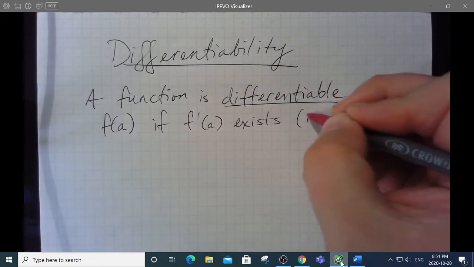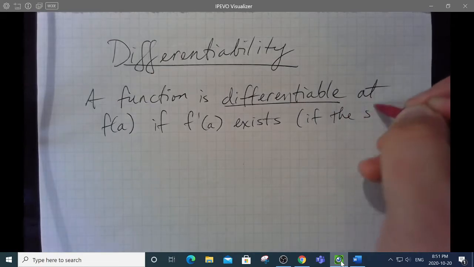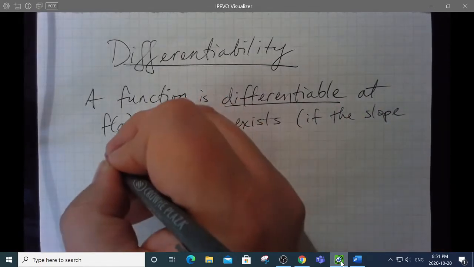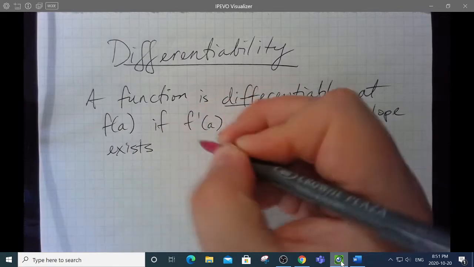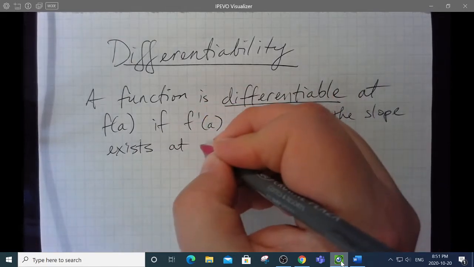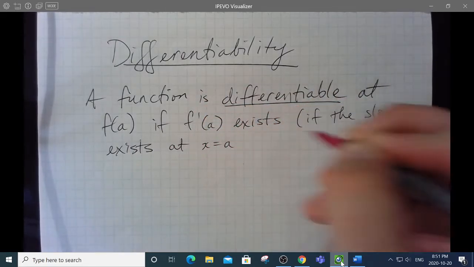In other words, if the slope exists at x equals a.